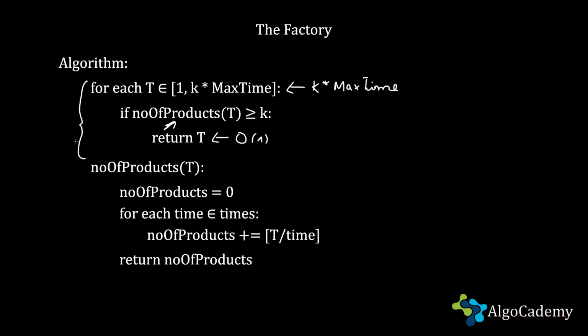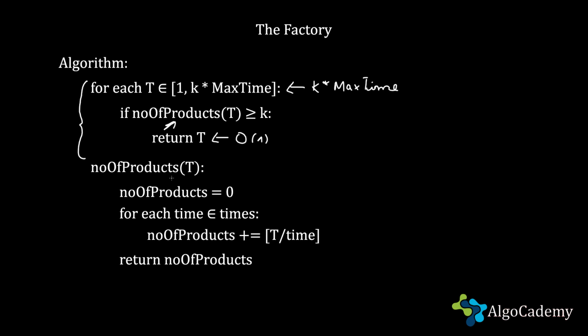For t equals 1, do all this above. For t equals 2, do all of this from here. T equals 3, and so on and so forth. So actually, we also need to see what is the time complexity of the function, how many iterations it does, because we are going to multiply the number of iterations happening here to the number of iterations happening in its parent for loop.